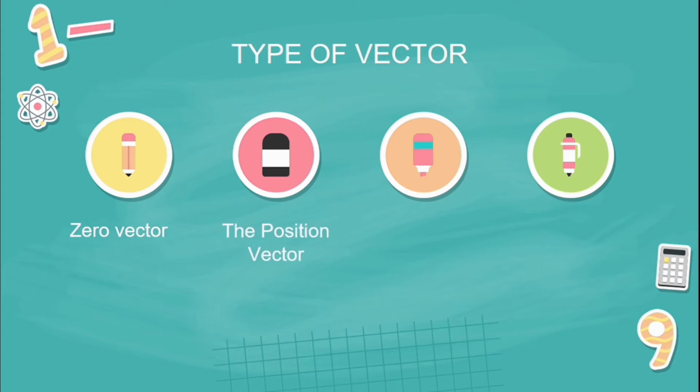Position vector is a vector whose starting point is O(0, 0), while the end point is at a certain point other than O. 3 is base vector. Base vector is a vector whose length is 1 unit, and its direction is in the direction of the coordinate axis. And the last is 4, unit vector. A vector whose length is 1 unit.